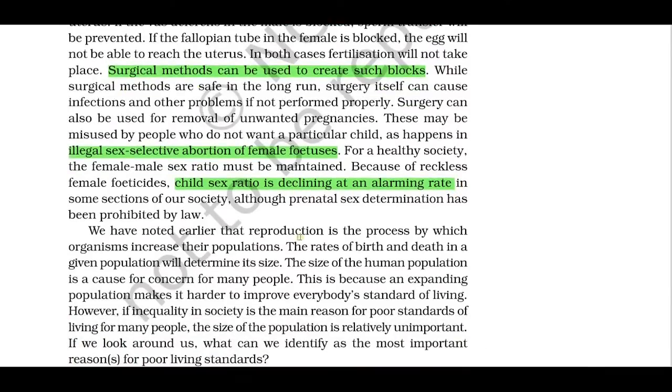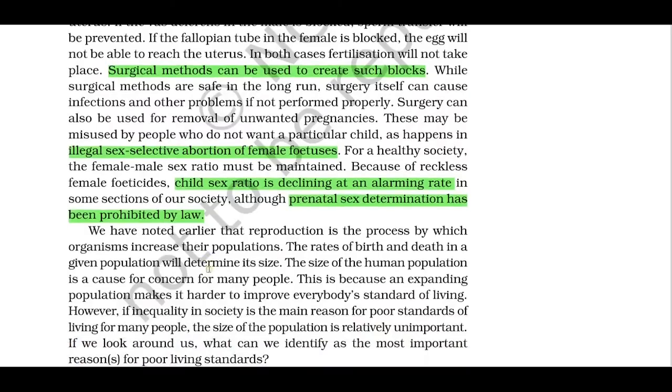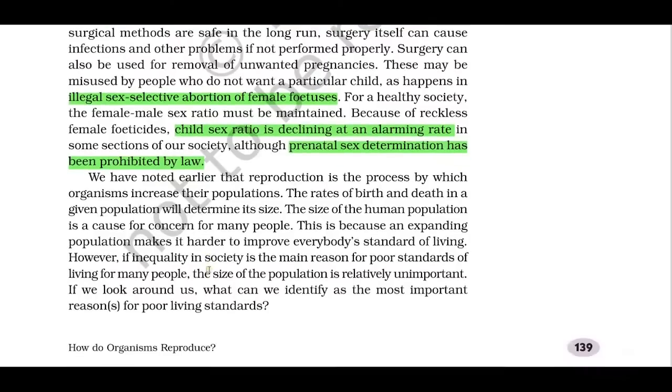Because of this, we have the Prenatal Sex Determination Act, which bans knowing the sex of the child. So the Prenatal Sex Determination Act has been passed, prohibited by law. That means knowing the sex of the child before it is born is illegal. Why is it illegal? Because selective abortion of female fetuses can take place, right? Because of this, the child sex ratio will decline.